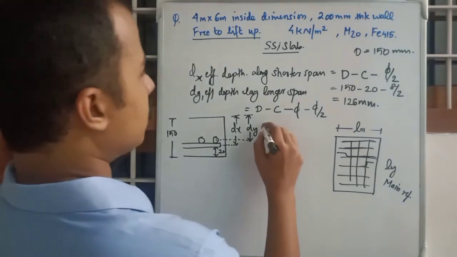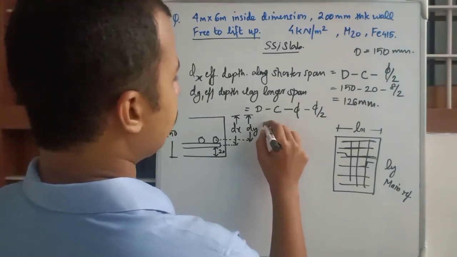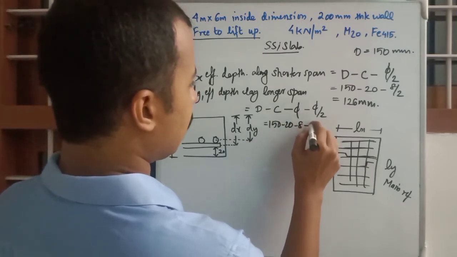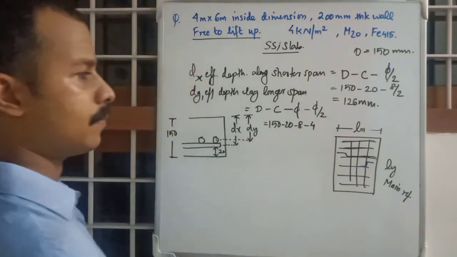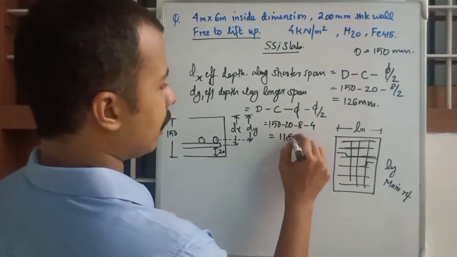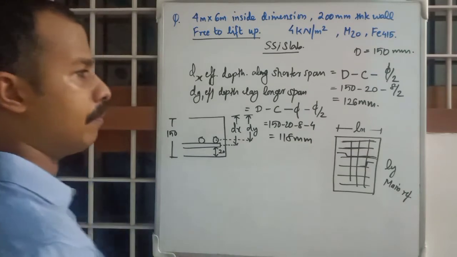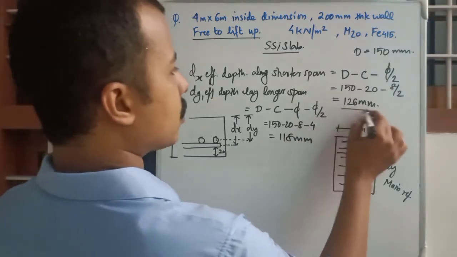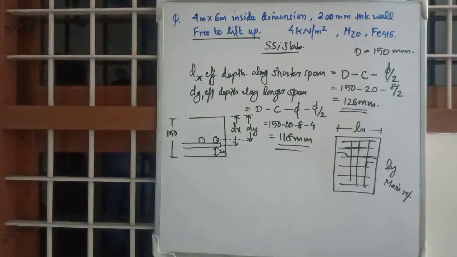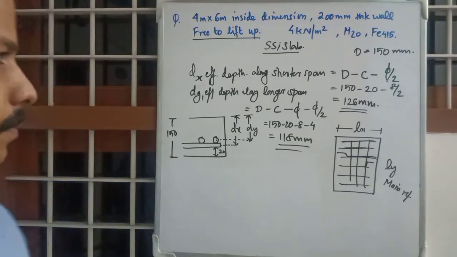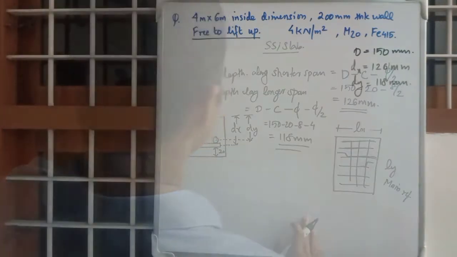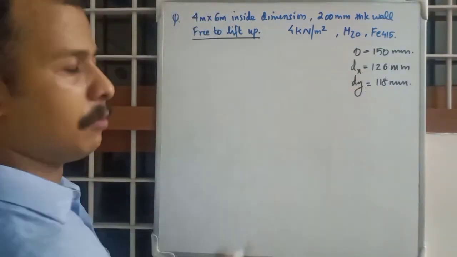So the value will be 150 minus 20 minus 8 minus 4, which gives 118 mm. So these values are important, so we'll keep it aside. So we have dx and dy.